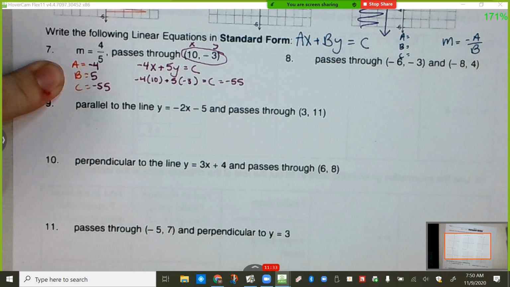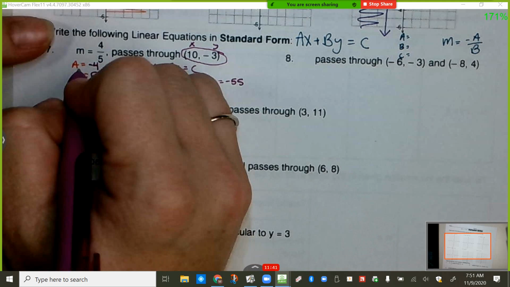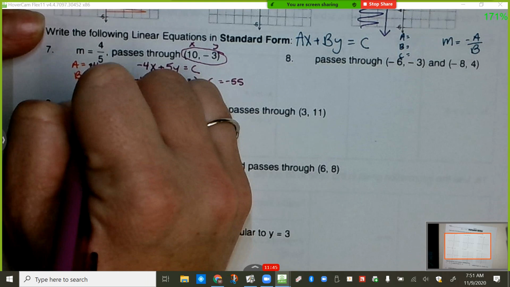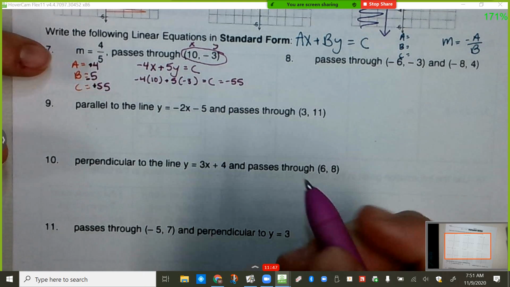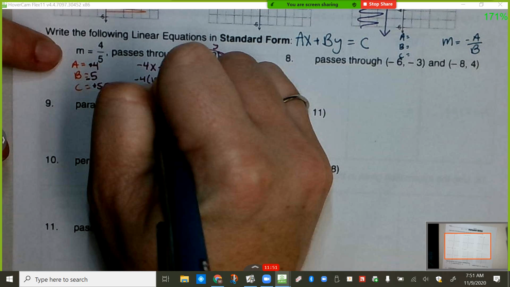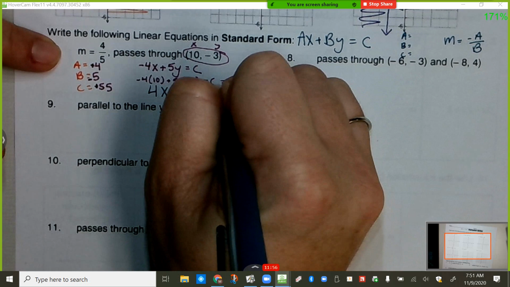No. So I want you to realize you could write it out and multiply the whole thing by -1, right? Okay, but if you notice here, could you just make everything opposite? So 4 becomes positive, 5 becomes negative, 55 becomes positive. So we end up getting for our final answer 4x minus 5y equals positive 55.